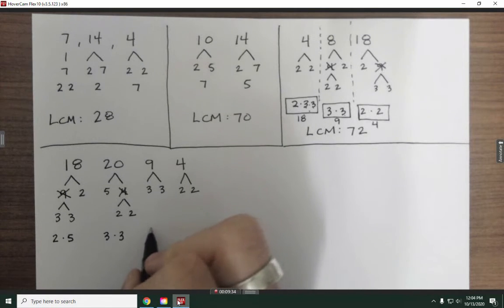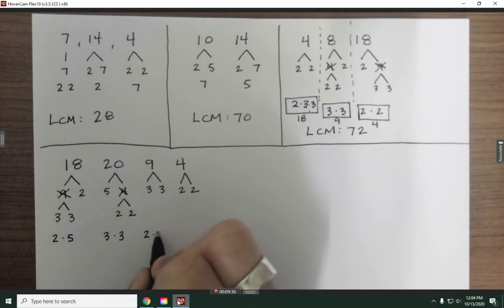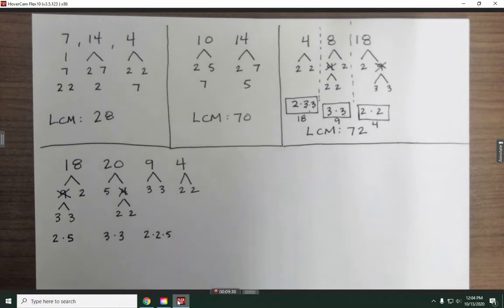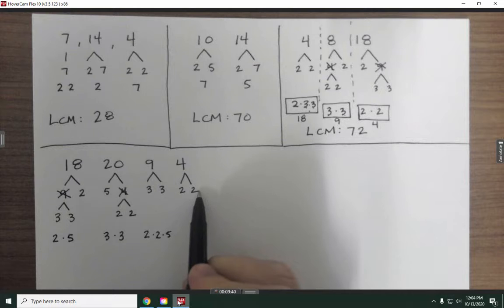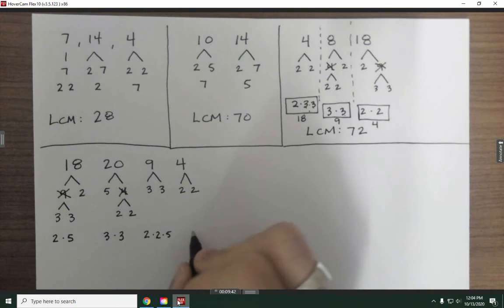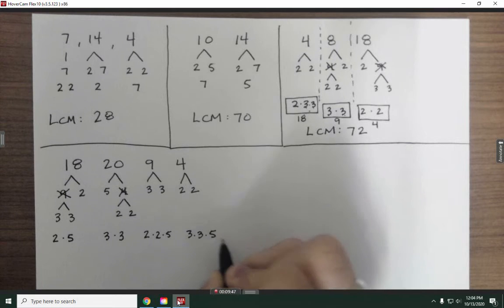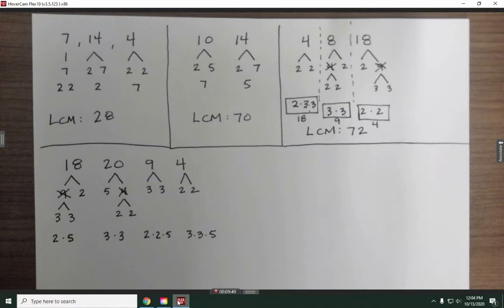So it needs 2 2's and a 5. This one has the 2 2's, but it needs the 3's and the 5's. So we get 3 times 5 for this one. And so they have the same 5 sets of numbers in each one of these.